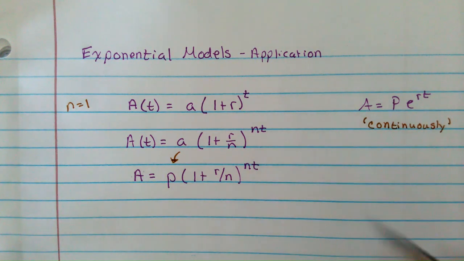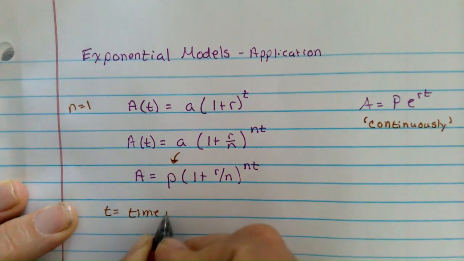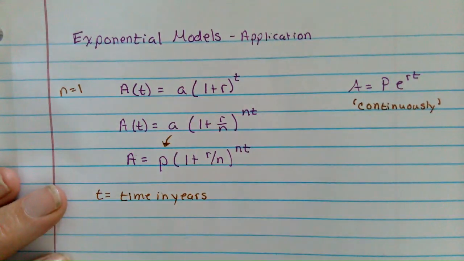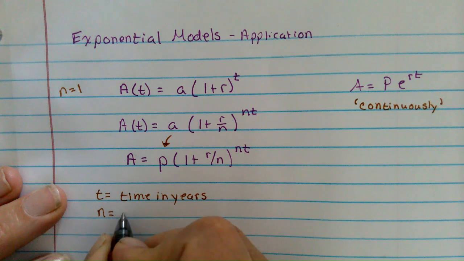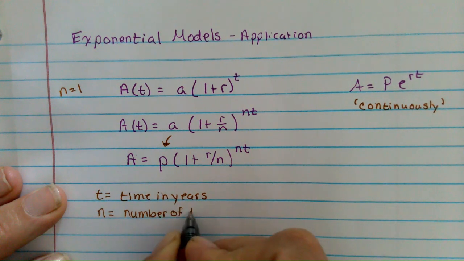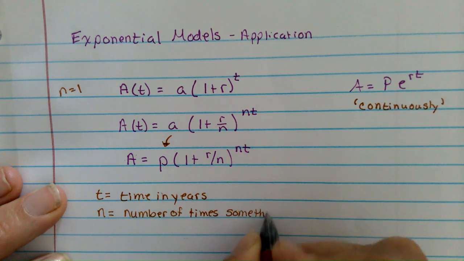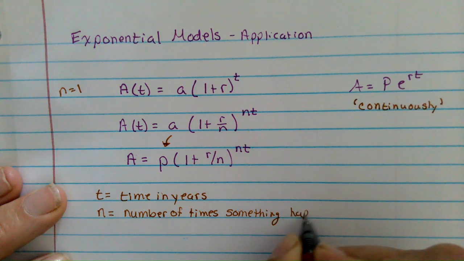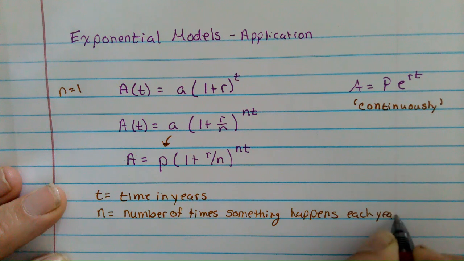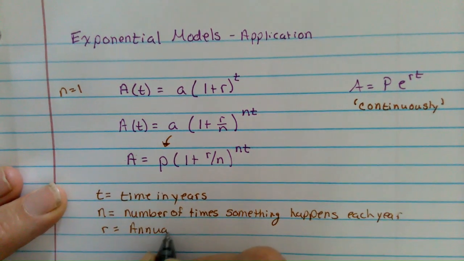Most of these assume that t is time in years. N is the number of times something happens each year. R is your annual, because year is annual, right?